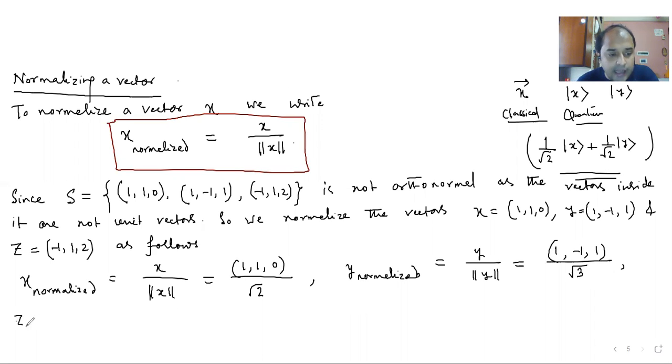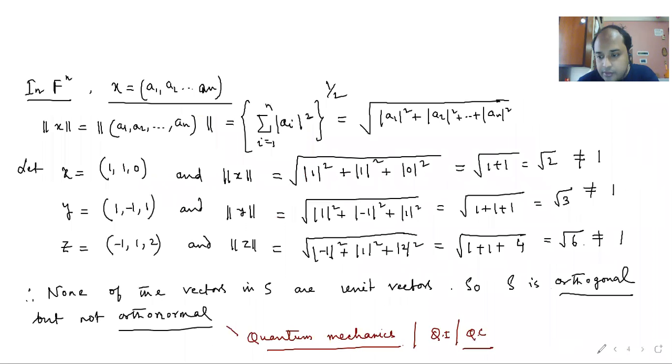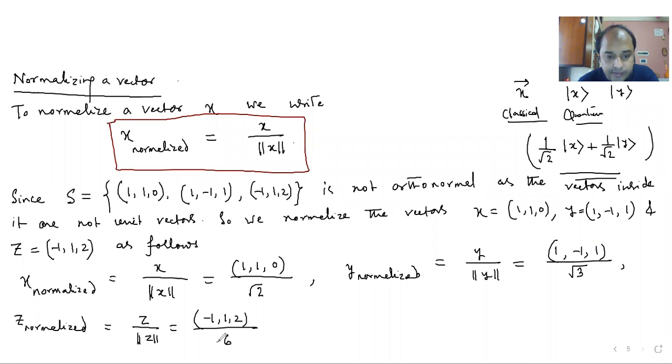And z normalized is z by norm z, which is the vector minus 1 1 2 by the norm of z, root 6. Therefore these new vectors are the normalized vectors.